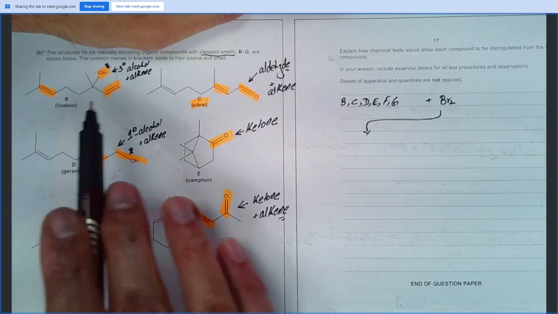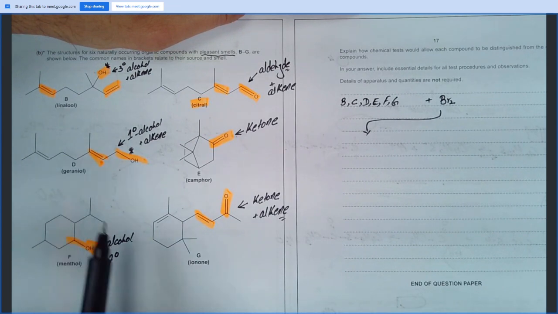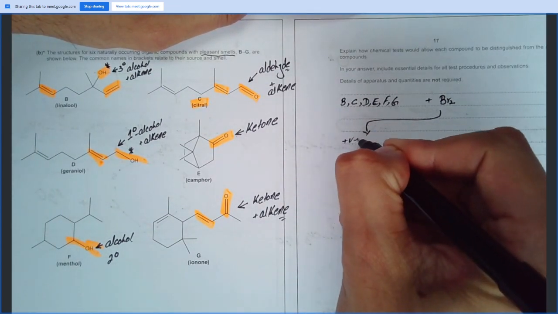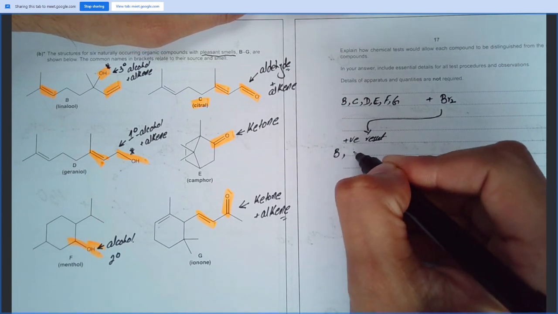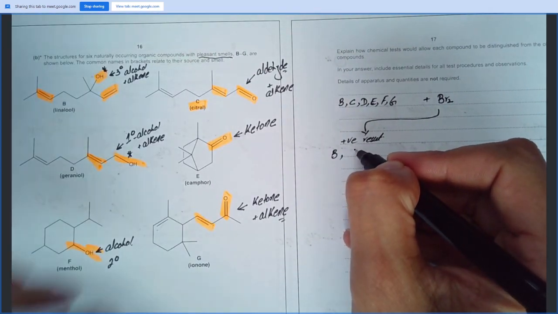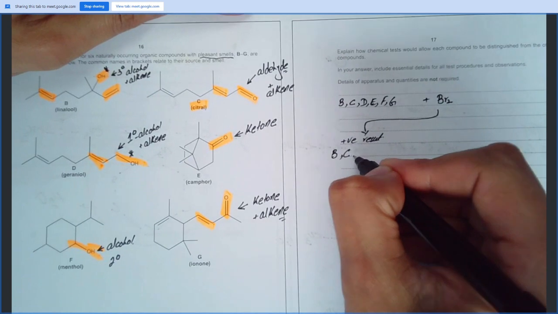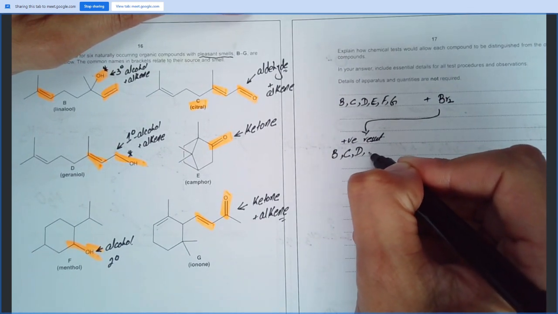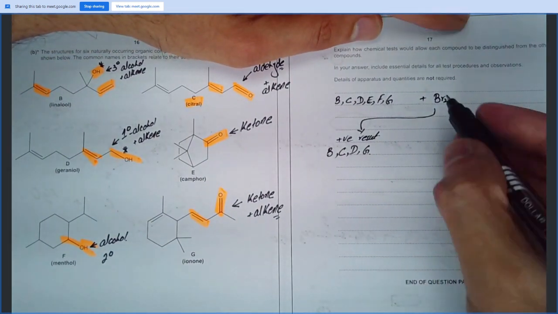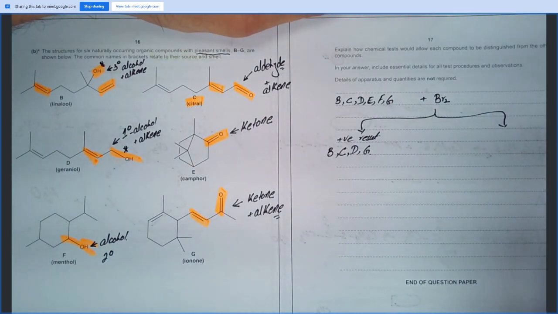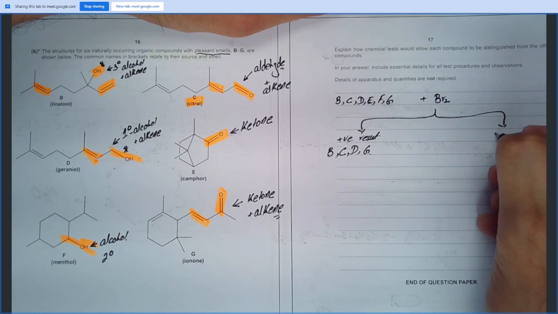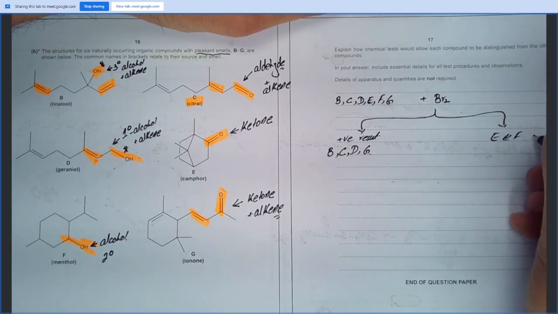B, C, D, and G. Positive result will be by B, C, D, and G. Agreed? When I look at the other two, which are my E and F, they'll give me a negative result. Are we happy with that?